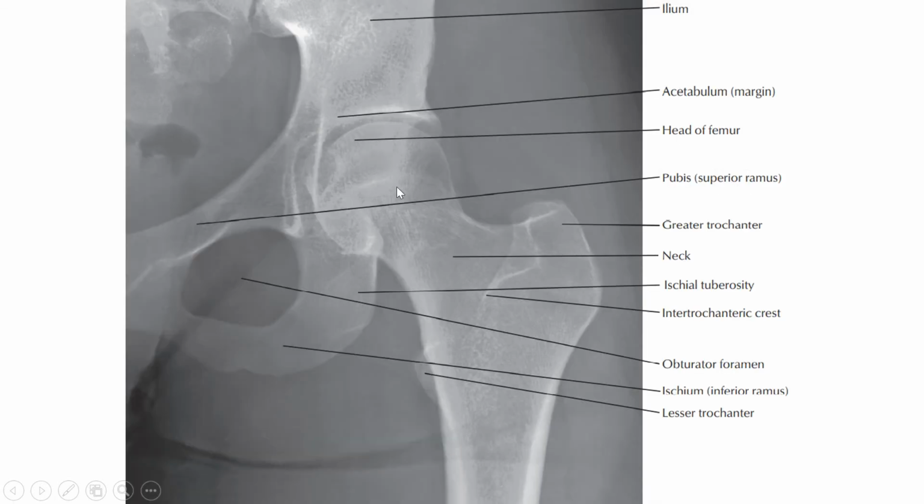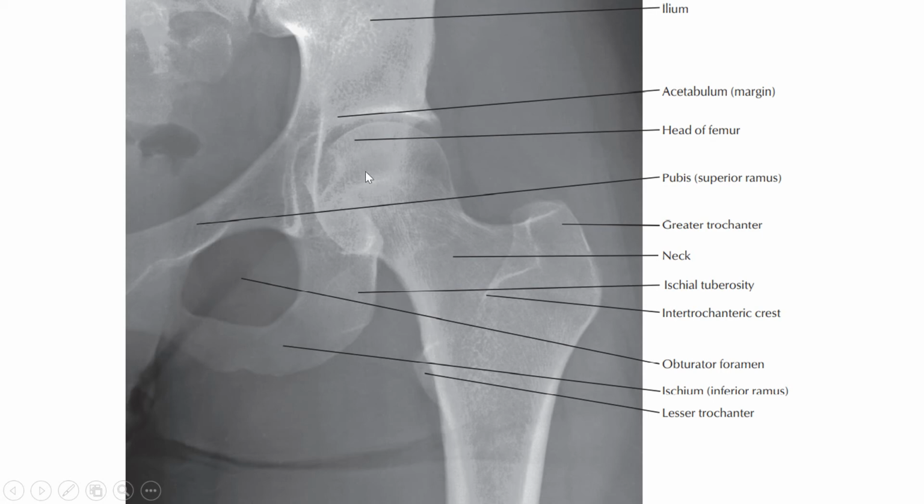This particular diagram I have put here just to make you aware of how the hip joint can be seen in an X-ray.